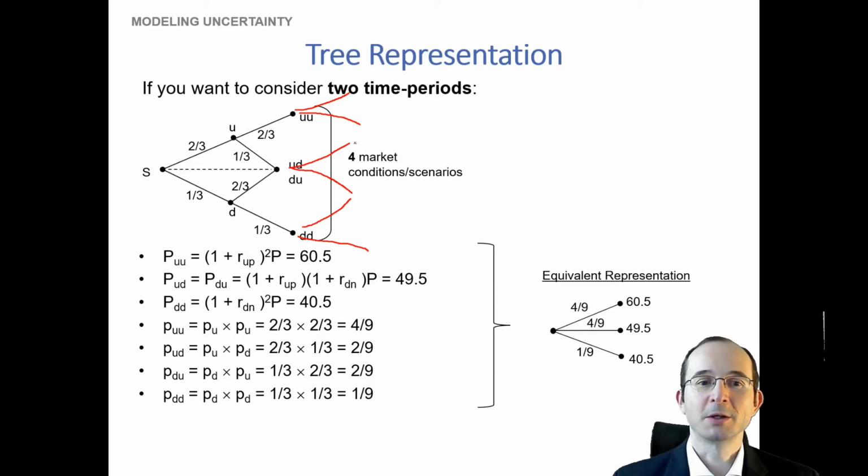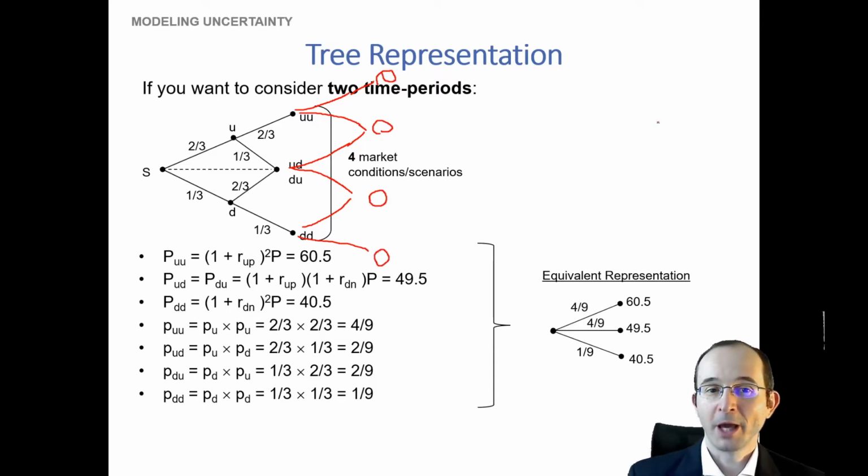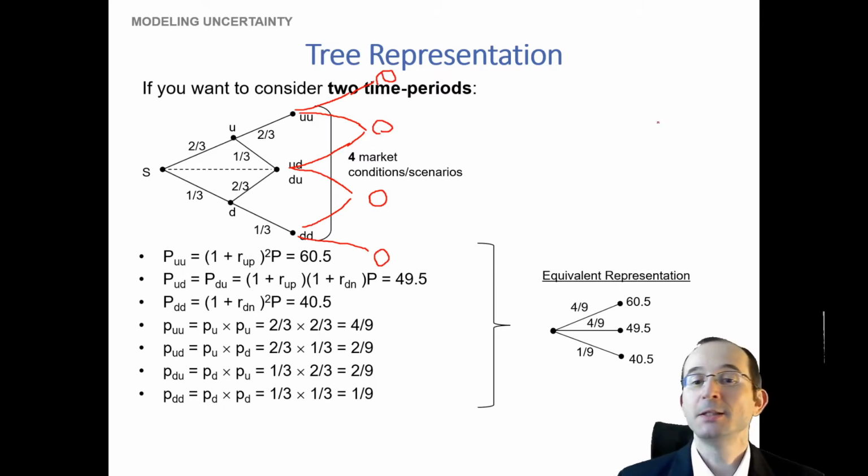And this would take us to a 3-period tree that we could analogously represent now with a single tree with 1, 2, 3, 4 states. And we can keep drawing these out really as long as we like, and indeed in some sophisticated models of option pricing, for example, that's exactly what we do.